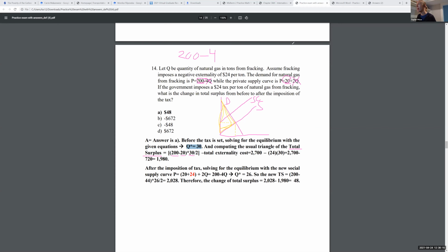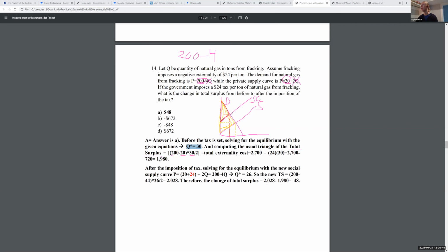Yeah, and so after, let me get a different color. So remember that when the externality shifts up, the price is increasing. So this is going to be the new price, and this is going to be the new quantity. So you can still think of the surplus in the same way. So we're going to have surplus here.